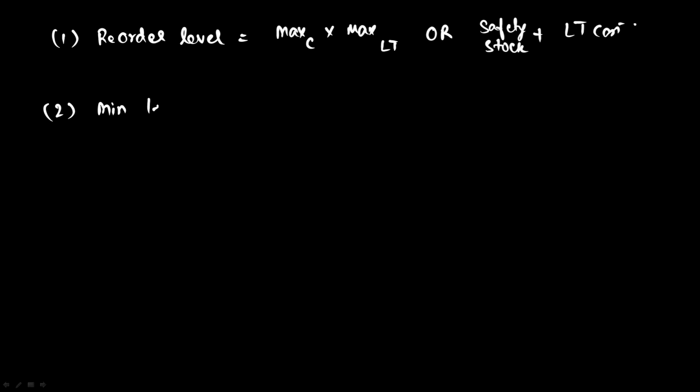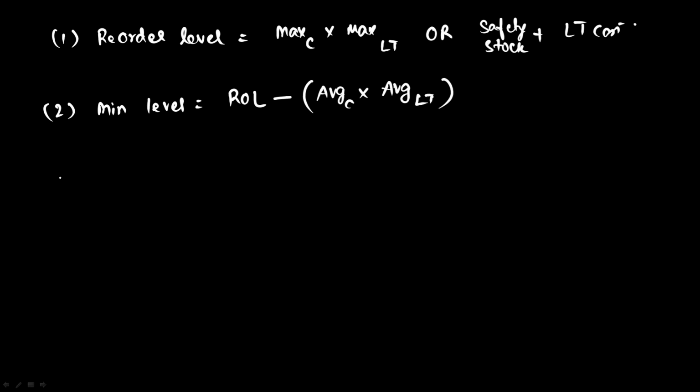Minimum level, reorder level. I cannot do minus maximum level into maximum lead time, otherwise my answer will be 0. So it is average consumption into average lead time.